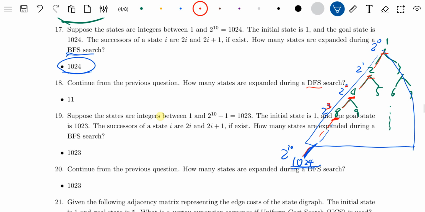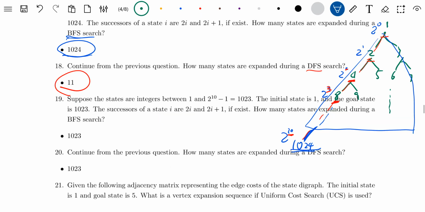So if you have power 10, it should be 11 of them. So again, do it on a smaller tree and find the pattern, and then you can see how many states expanded for the larger tree.